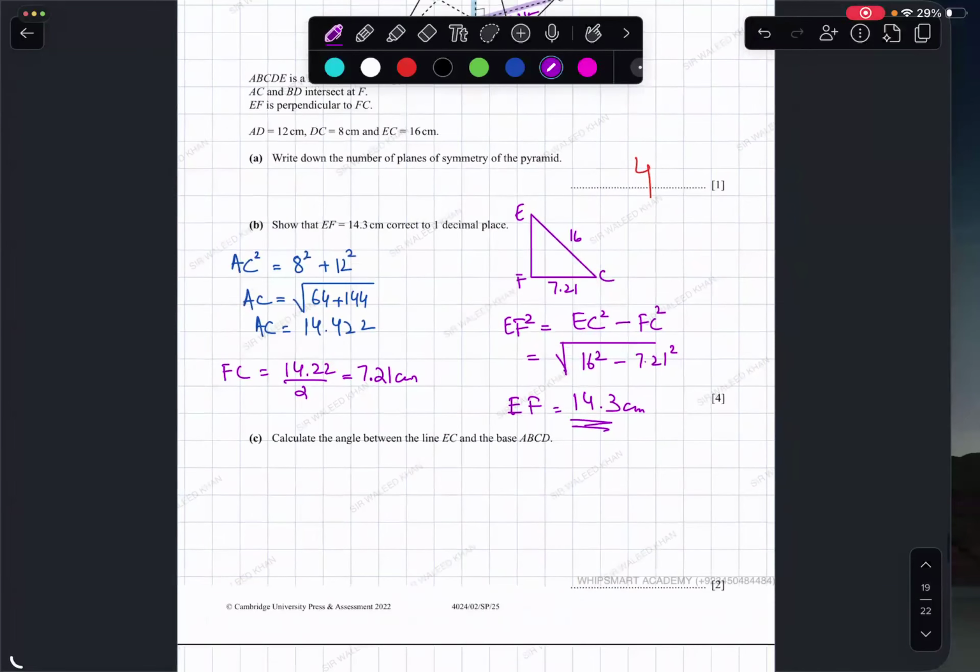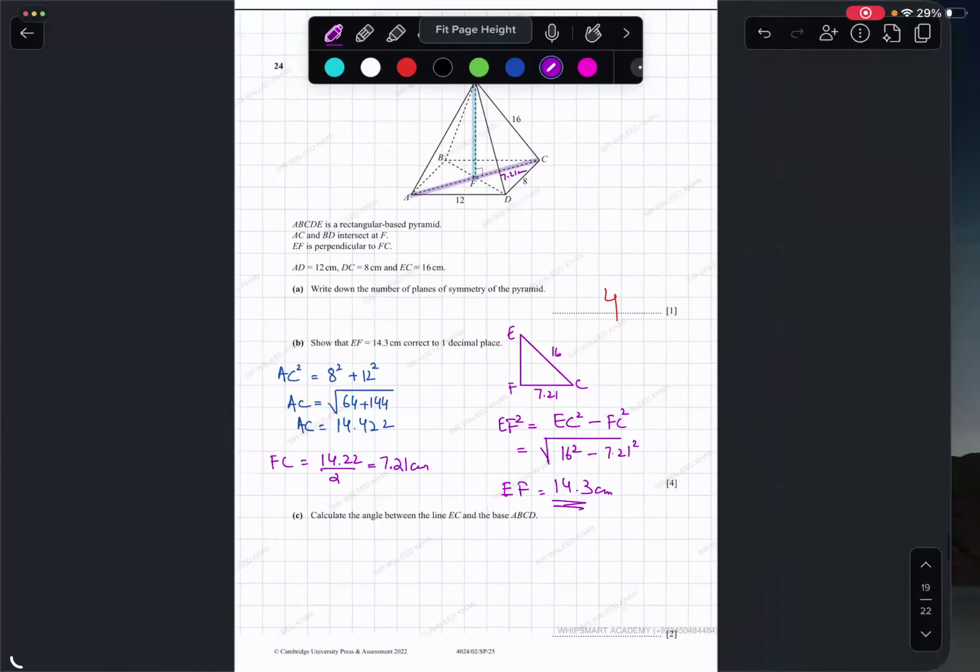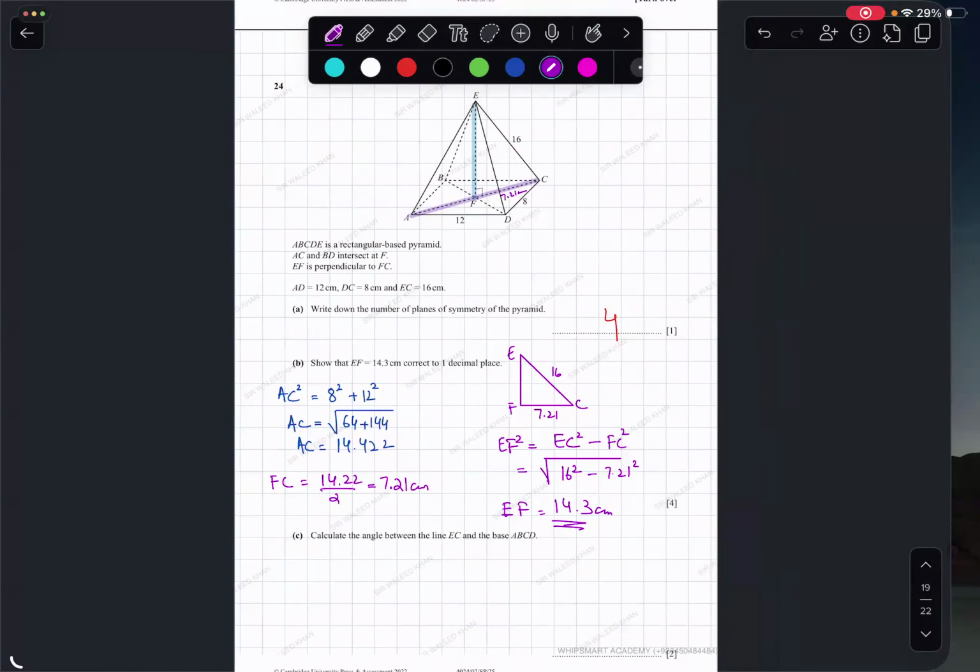Next, calculate the angle between EC and the base ABCD. EC and the base, so let me highlight it, EC and the base ABCD. Okay. See that? EC and the base.